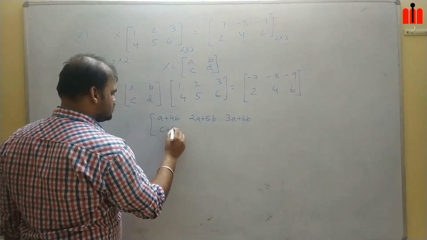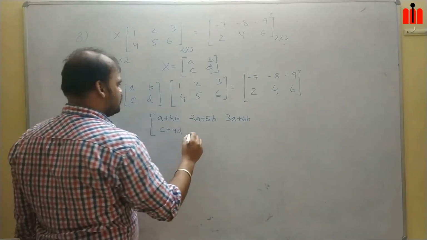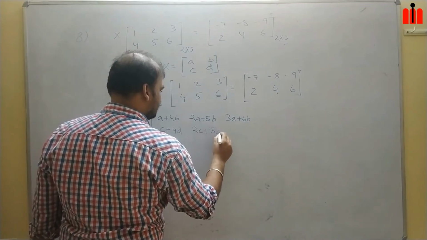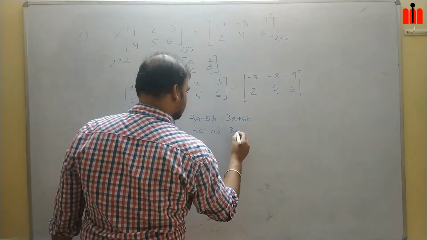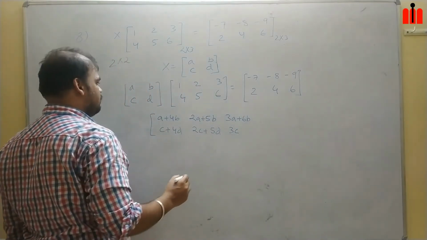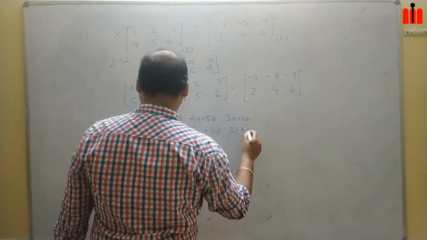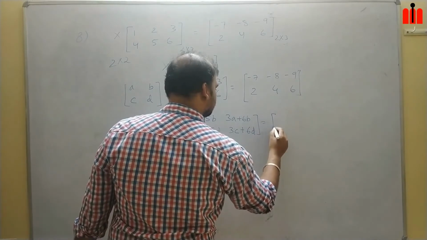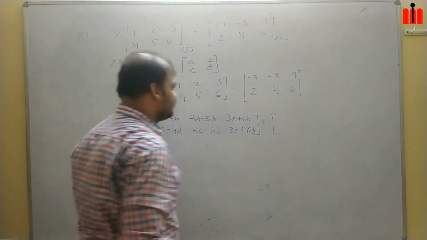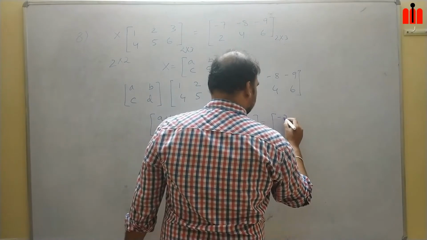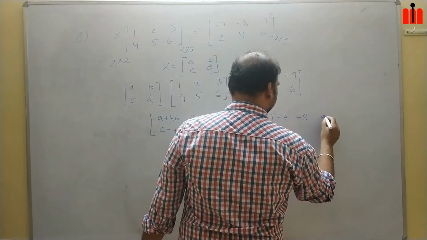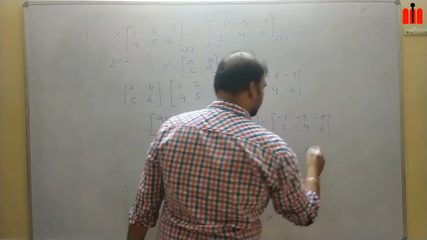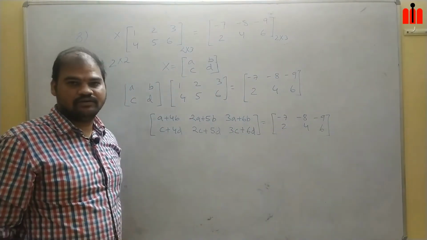Now c plus 4d, 2c plus 5d and 3c plus 6d. It's equal to minus 7, minus 8, minus 9, 2, 4, 6. Okay, it's equal to that.